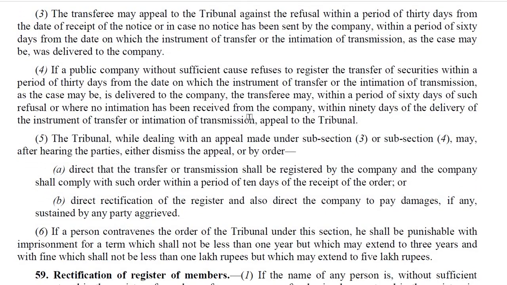A transferee may appeal to the tribunal against the refusal within a period of 30 days from the date of receipt of the notice, or in case no notice has been sent to the company, within a period of 60 days. So, with a notice, within a period of 30 days, without a notice, within a period of 60 days from the date on which the instrument of transfer or the intimation of transmission, as the case may be, was delivered to the company.